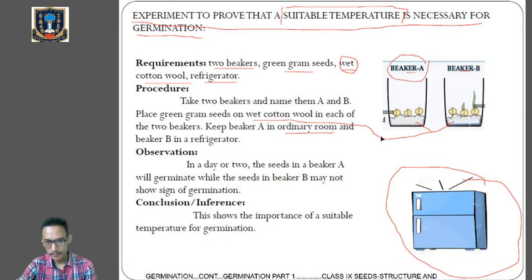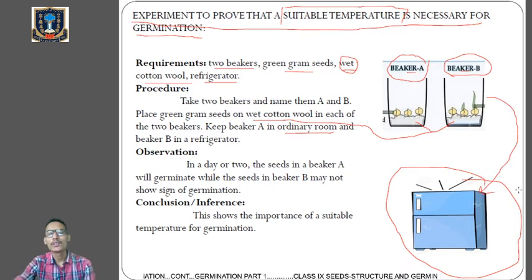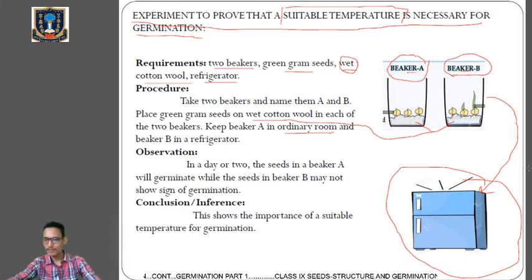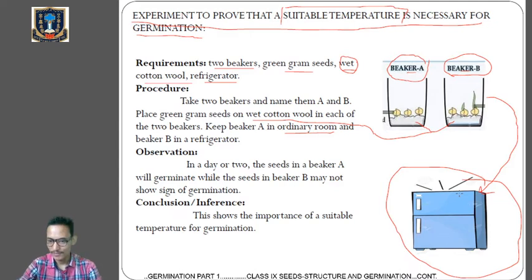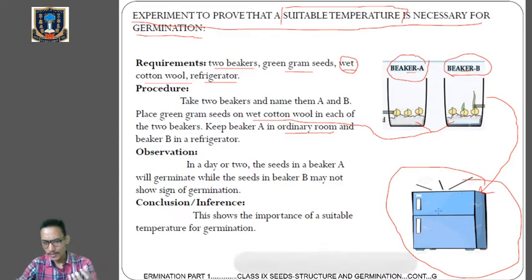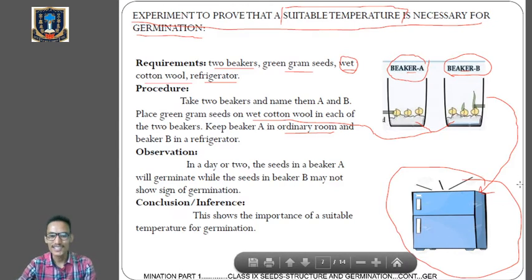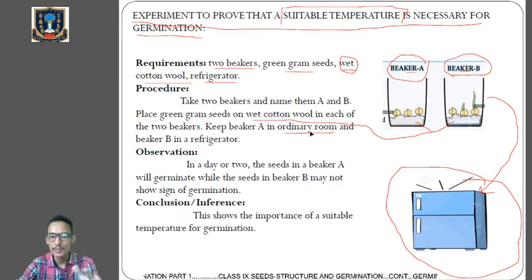And beaker B will be kept in a refrigerator. So beaker A will be kept at ordinary room temperature, but beaker B we are putting into the refrigerator. The temperature in the refrigerator will be much less compared to the room temperature.